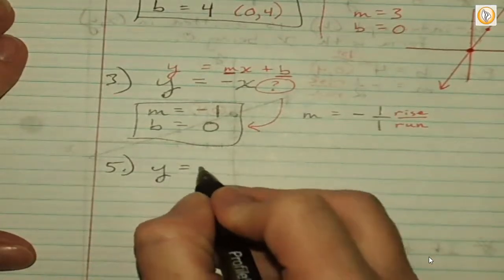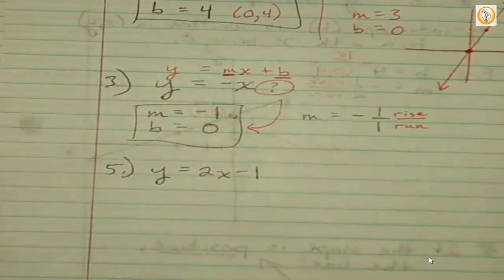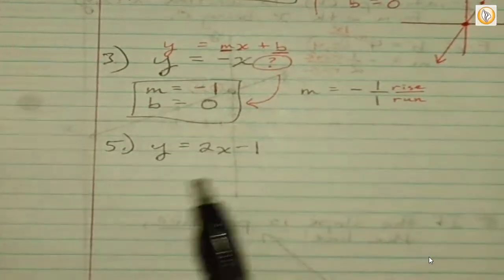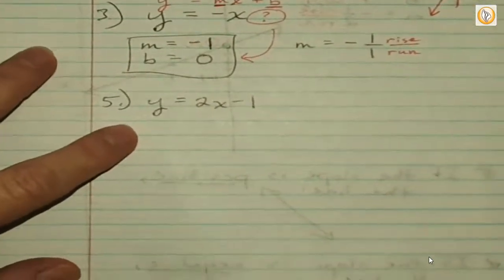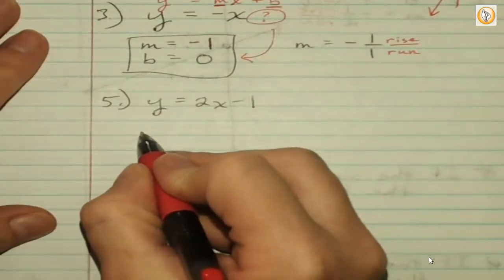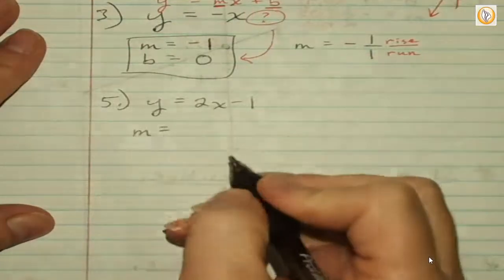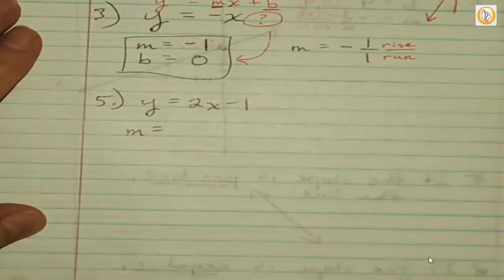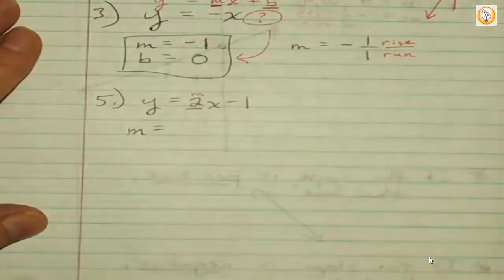Now let's look at it for a second. This is your equation. So Matthew, let me ask you real quick. I know I've already picked on you, I'll pick on you again. What's my slope here? 2. That's right. This is my slope.